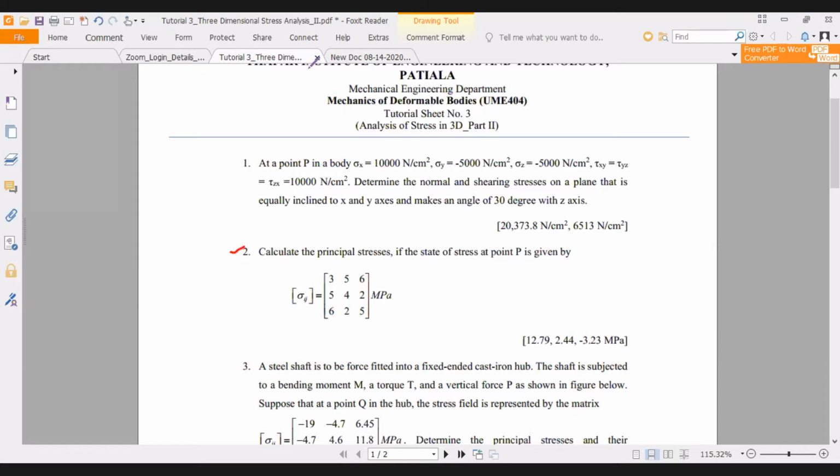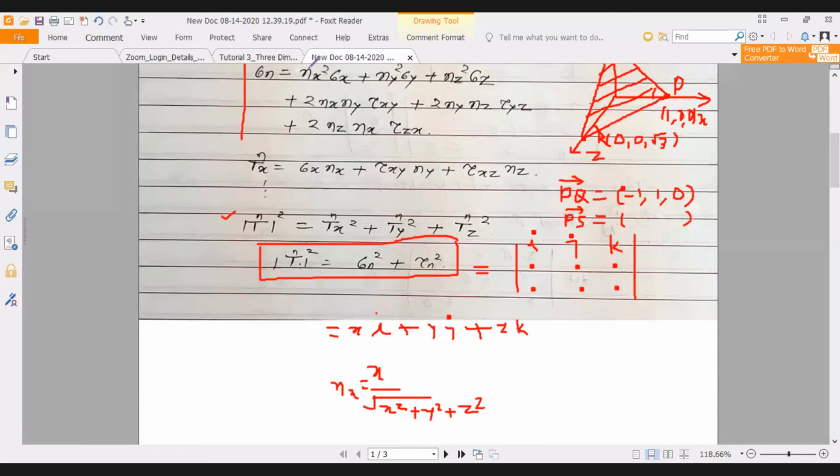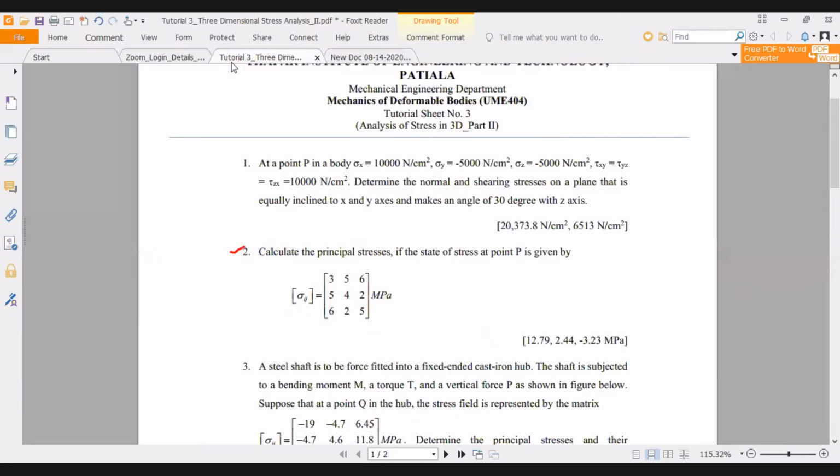You already know the relation between the traction vectors and the stress field. We have already discussed those equations. Those equations are known as Cauchy stress equations, Cauchy's formula.